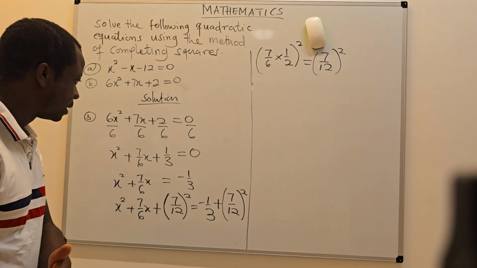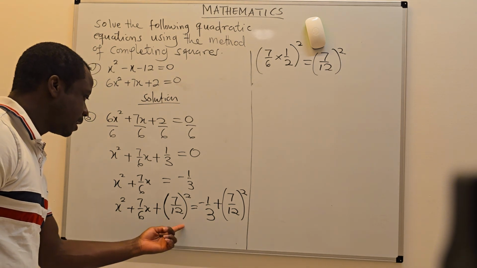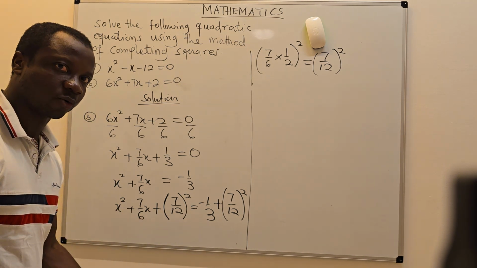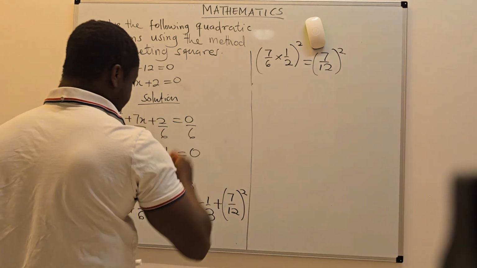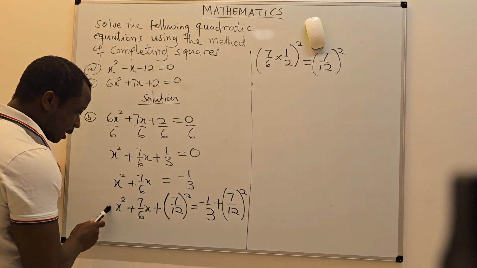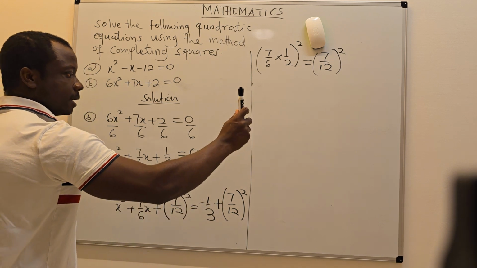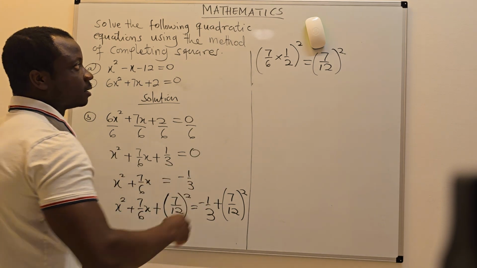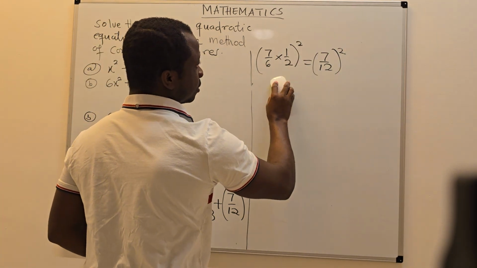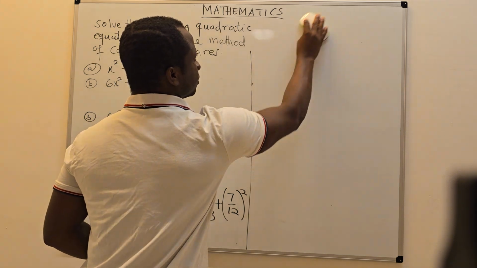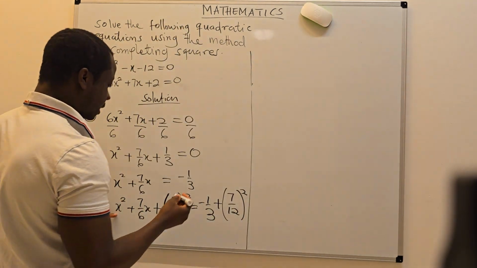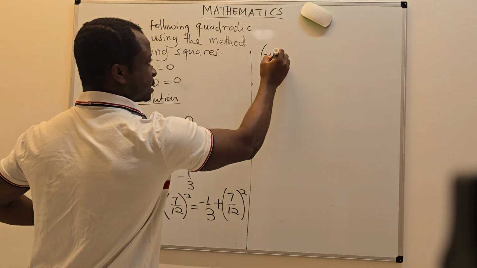Like we did earlier on, the left side here has now become a perfect square. So we are going to take the term x here, and then 7 over 12 here, and put them in one bracket. So I'm going to delete this one. Taking x, I have open bracket x.